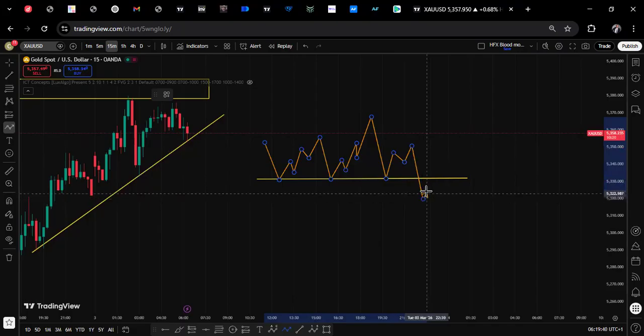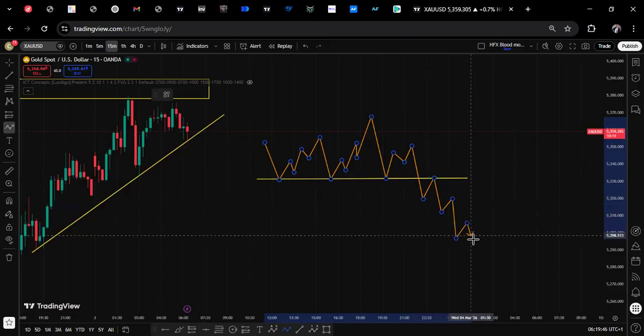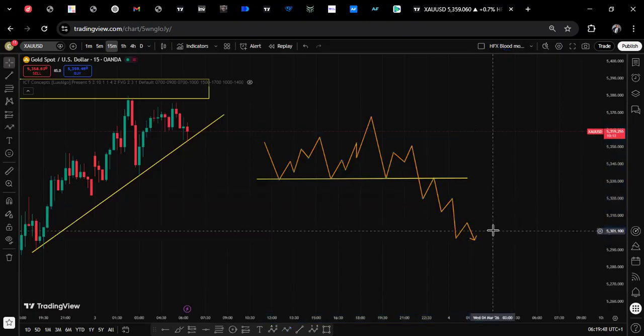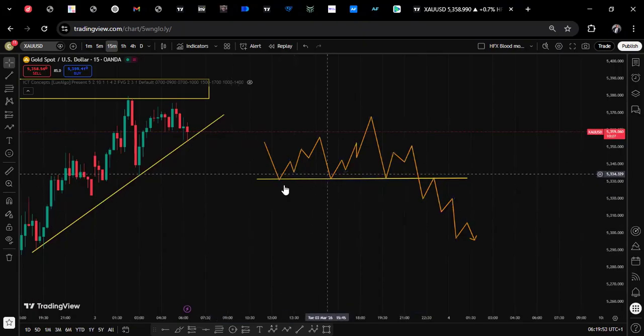So what you expect is a retest, then of course a sell will follow. So this is something that happened here.